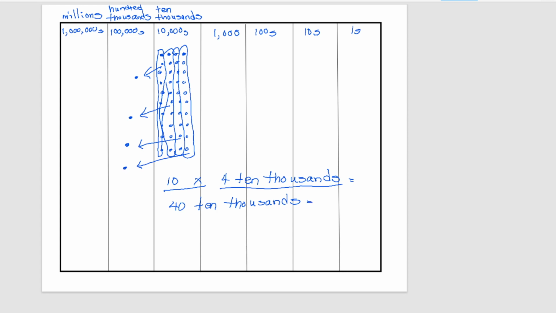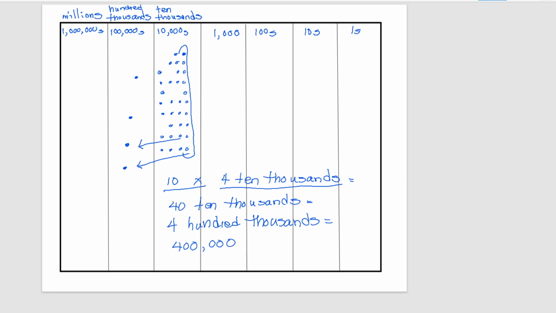So in unit form, we now have 4 100,000s. And in standard form, we can write that as 400,000. And let's erase again, leaving our headings.